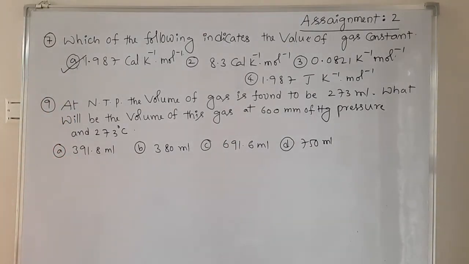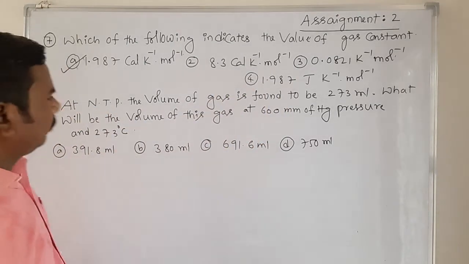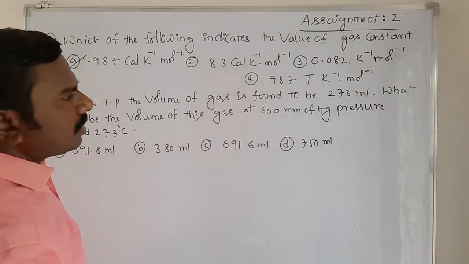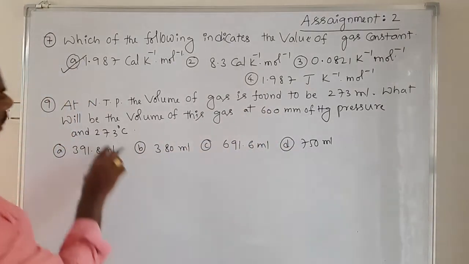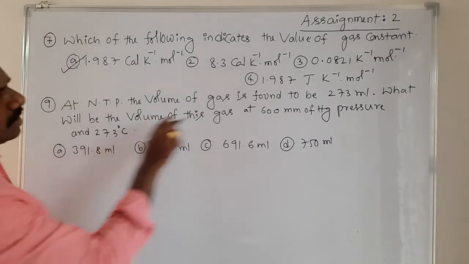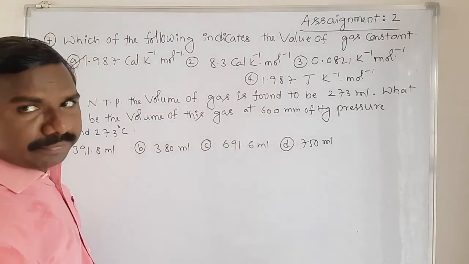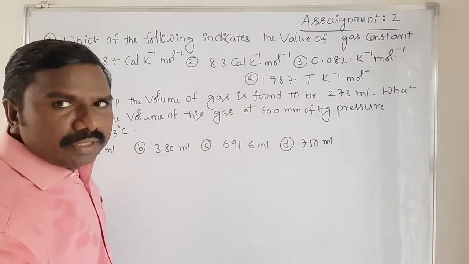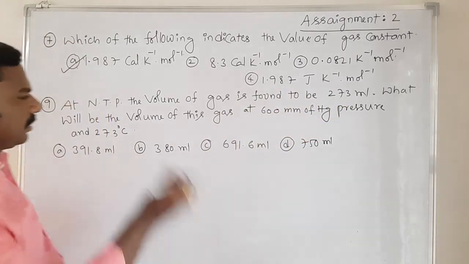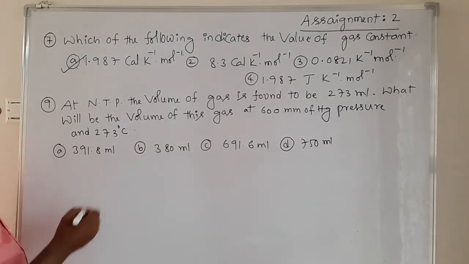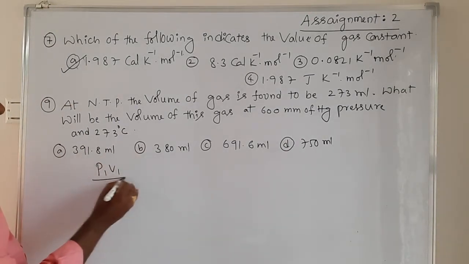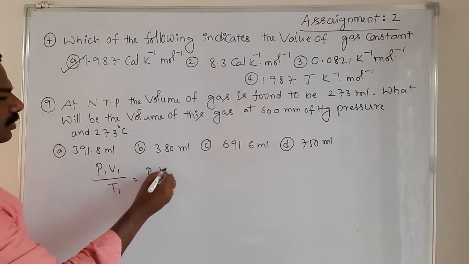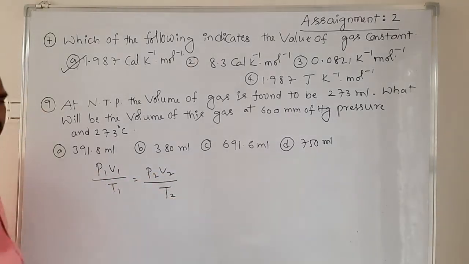For this, at NTP volume is given, and the volume of gas at 600 mm of Hg at a given temperature is required. Volume is given, temperature and pressure at STP we well know, so substitute. The formula for this question is P1 V1 by T1 is equal to P2 V2 by T2. Students, understood? Relation as per the ideal gas equation.